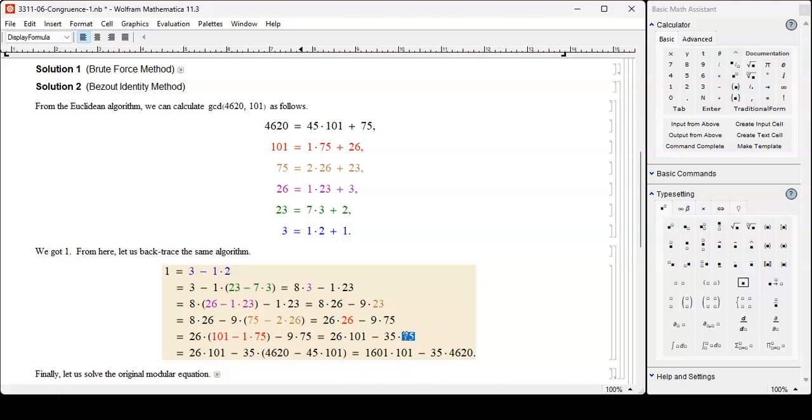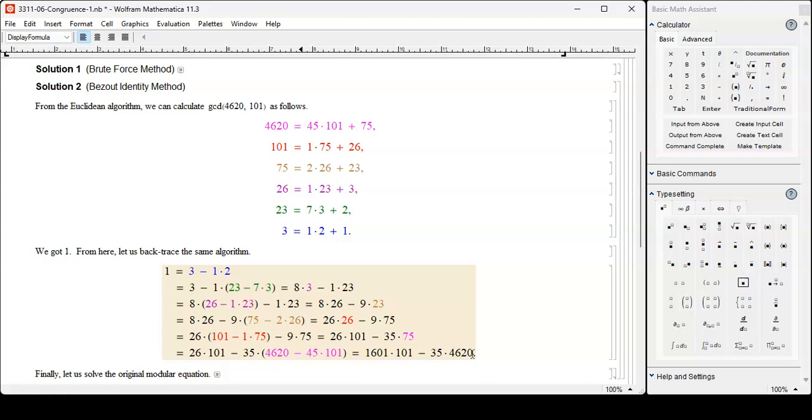Finally, this 75, highlighted in magenta, the final line here: 75 is 4620 minus 45 times 101. That's what I replace right here and simplify. What do you have? 1601 times 101 minus 35 times 4620. So that's the linear combination expression that we wanted all along.